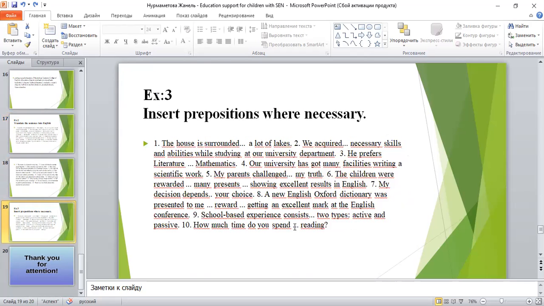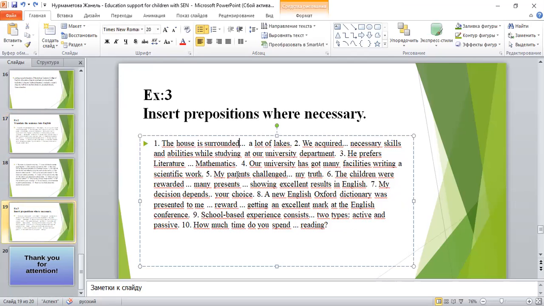And your homework, exercise number 3: here you will insert prepositions where necessary. In places of doubt, you may insert prepositions if they are necessary.